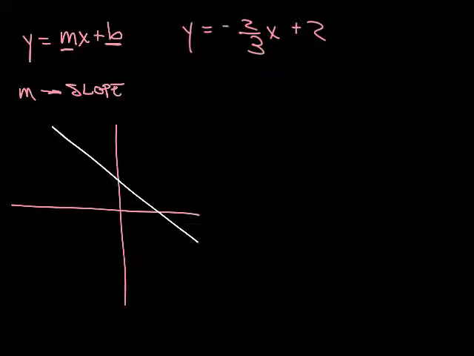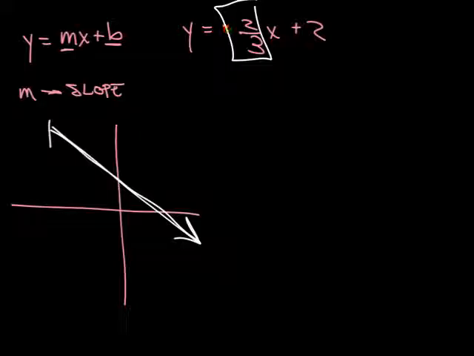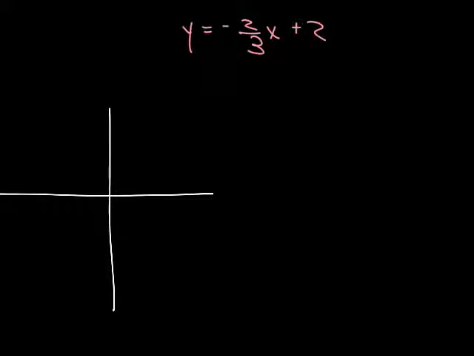And so if we have a slope like negative 2/3, that means that from left to right it goes downhill, because that's what the negative means, it tells you that it goes downhill. If that were a positive 2/3, then my line would be going uphill, so in a positive direction.